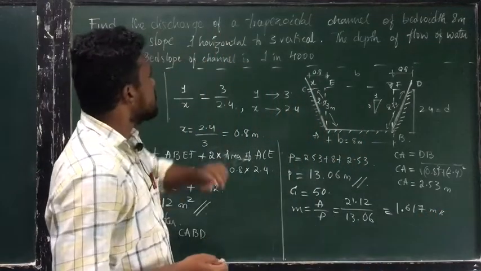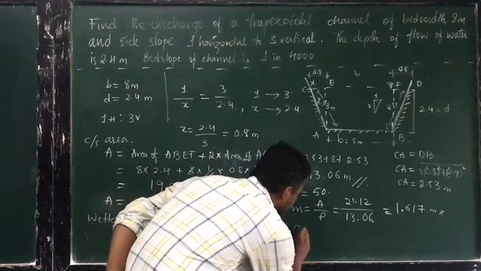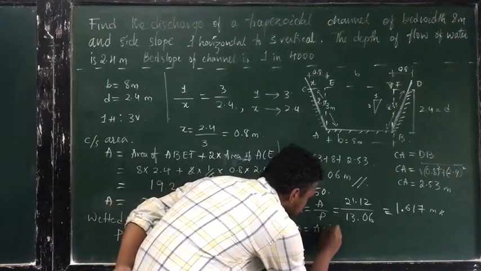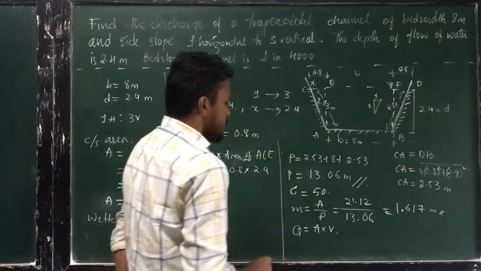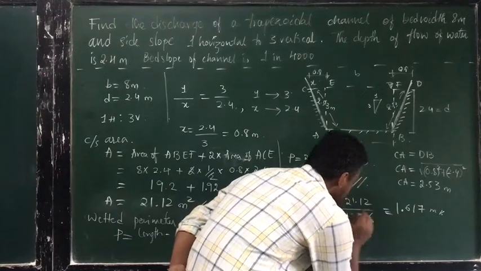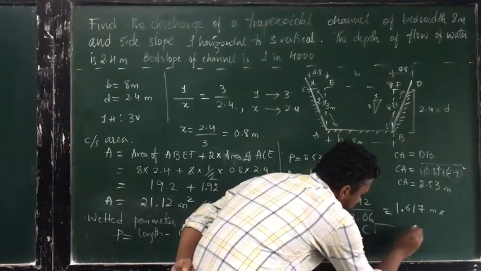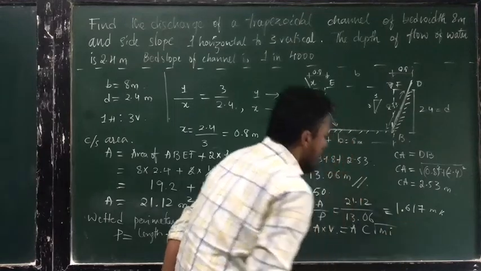Because discharge is asked, we can directly use Chezy's discharge equation. Q is equal to A into V. V is the mean velocity, which is Chezy's velocity equation, C root M I.